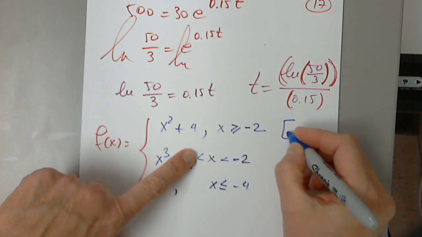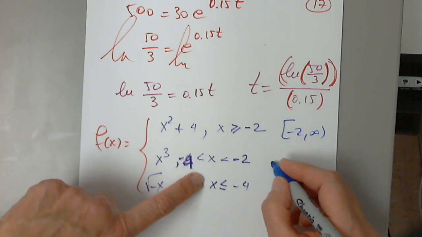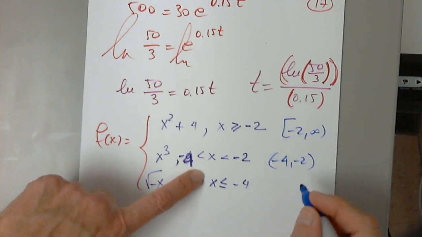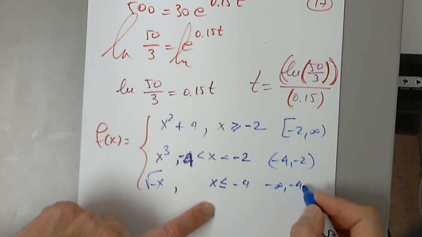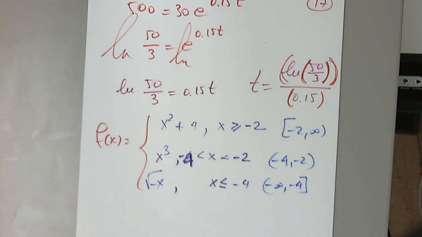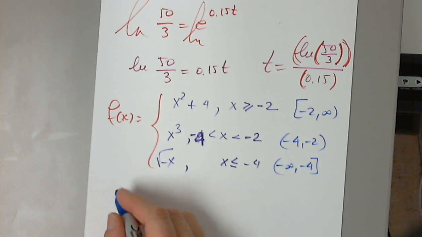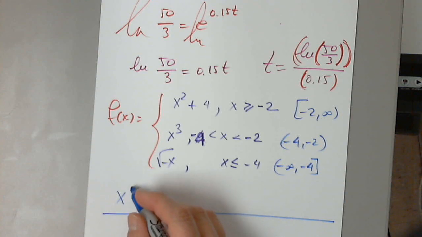Here we have negative 2 to infinity, here negative 4 to negative 2, and here negative infinity to negative 4. No gaps whatsoever: to the left of negative 4, in between negative 4 and negative 2, and to the right of negative 2. So we know that there are 2 key x values here.